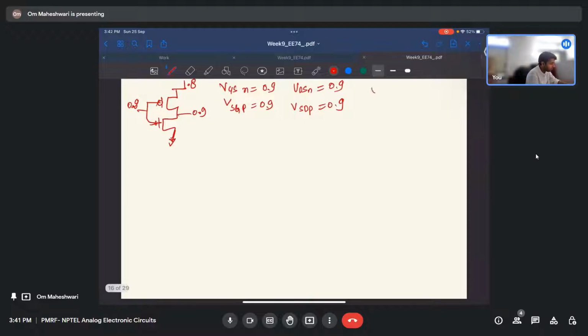So obviously VDS will be much greater than VGS minus VT. If VT is let's say 0.4, it will be much greater. So these both are in strong saturation.